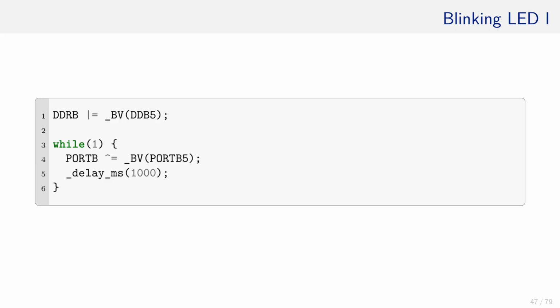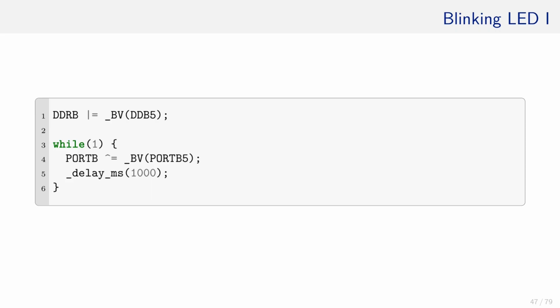But before going there, let's have a look at the following blinking LED code once again. As you can see, every second we toggle the LED. That means the LED is on for a second and off for another one. Ergo, the period is 2 seconds.